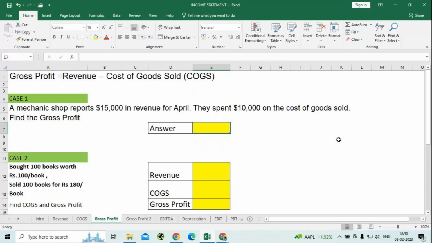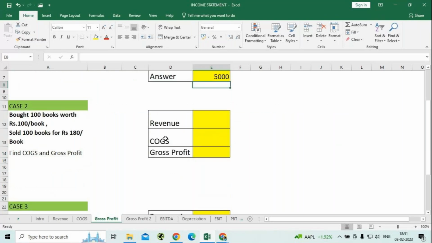Here it is simple: 15,000 is the revenue minus the 10,000 they have spent for that 15,000. So the gross profit you have received is 5,000. Now when it comes to the calculation with the values, you can directly calculate in this way.